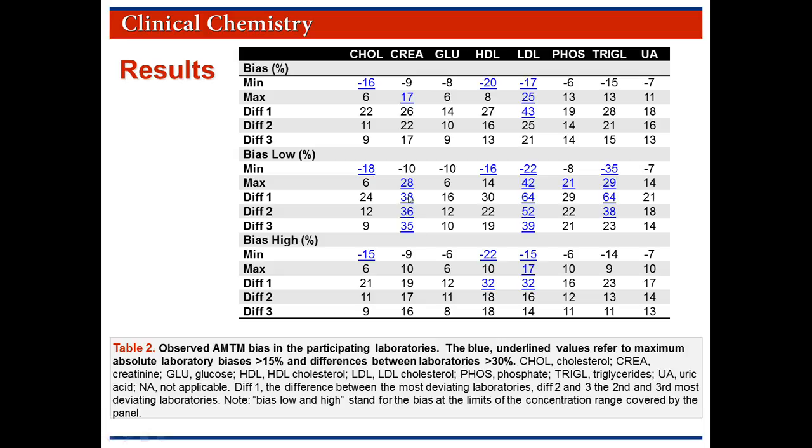And those are all the blue underlined results. So this is quite a big difference, and this led to differences of more than 30% in some instances between the laboratories.